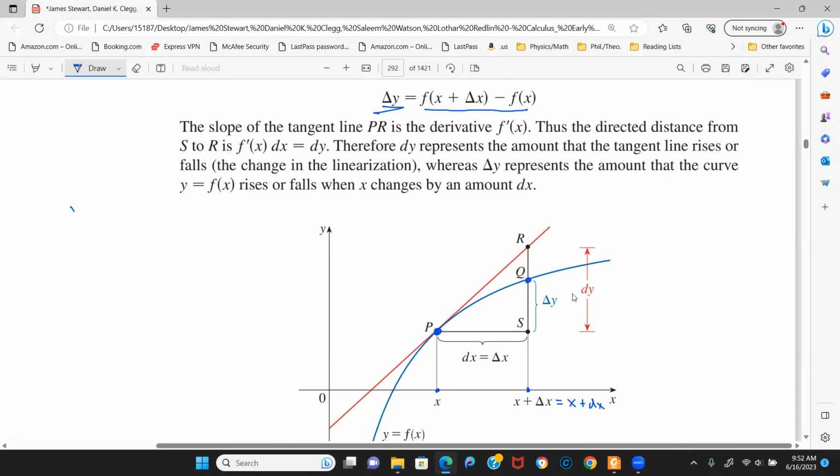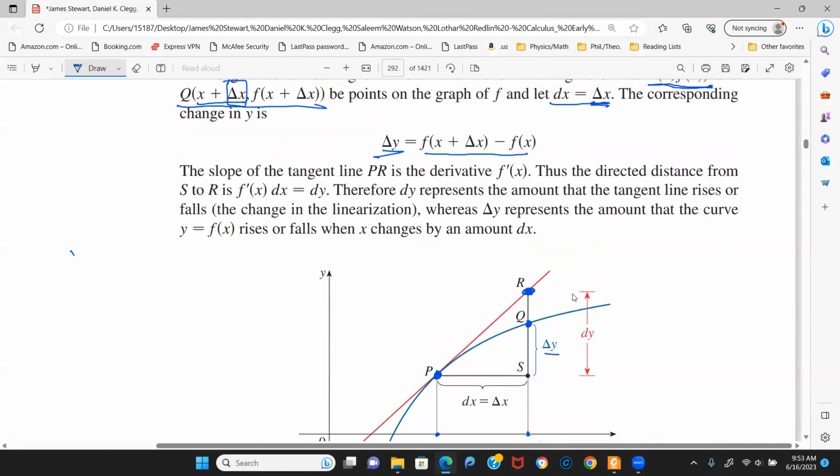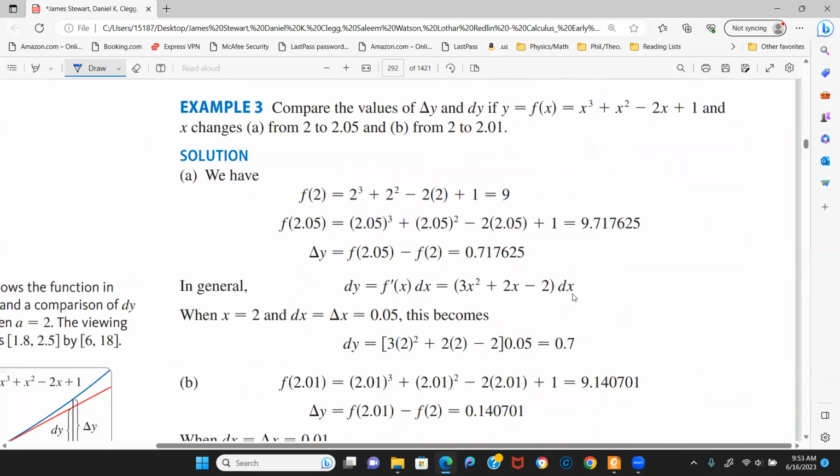So this point right here is Q, this point is P, and delta y is this change right here in the y coordinates of the points P and Q, whereas dy is going to be the change between the y coordinates of P and R. So that's more or less what's going on geometrically with these differentials.